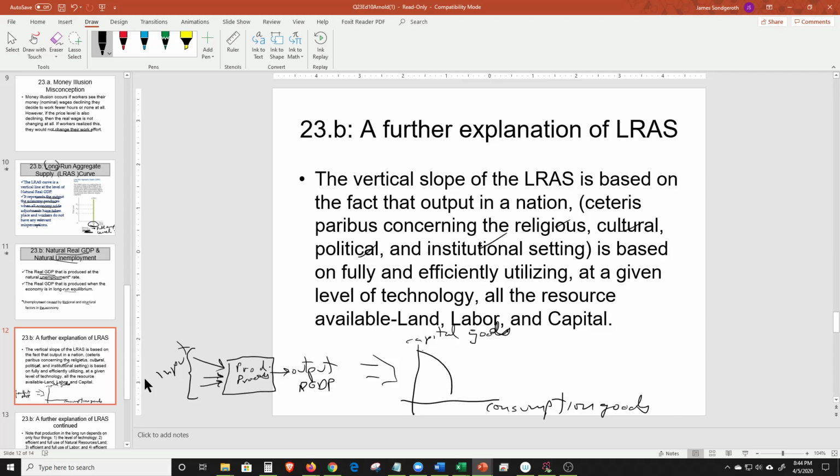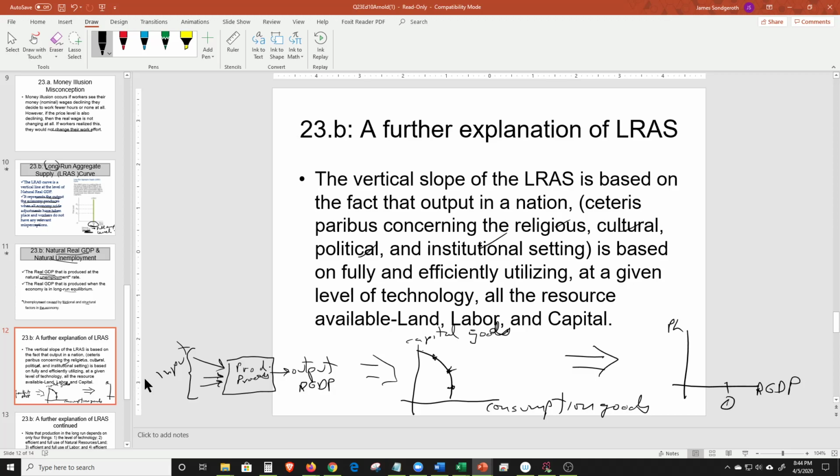And remember, we have the bowed-out production possibilities frontier. So any output on the production possibilities frontier would be full employment output. And so what we're saying is producing here on the frontier is the same as price level, real GDP.